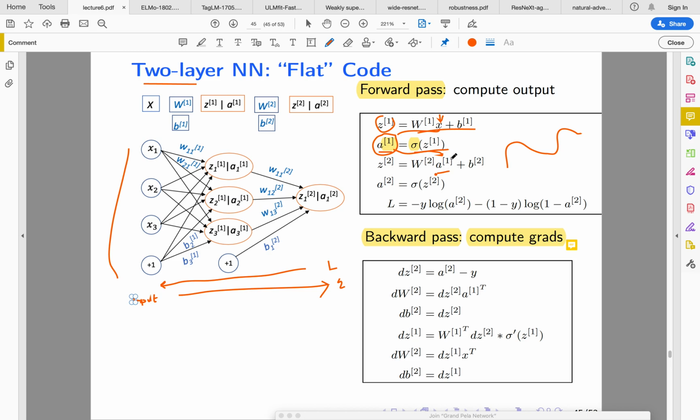So this is what we multiply with the next set of weights, plus the bias. Whatever we get here, we pass through a nonlinear function to get this, and this is our loss function, the loss function for logistic regression.